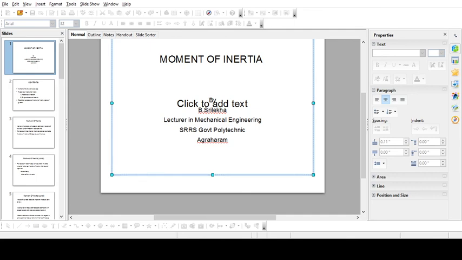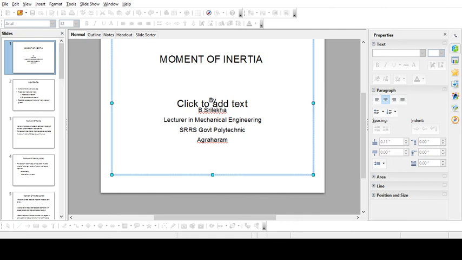In tomorrow's class we'll be discussing a few problems about this. For a quarter circle or a quadrant, Ixx is equal to Iyy is equal to 0.055 r to the power of 4, and IAB is equal to pi r power 4 by 16.